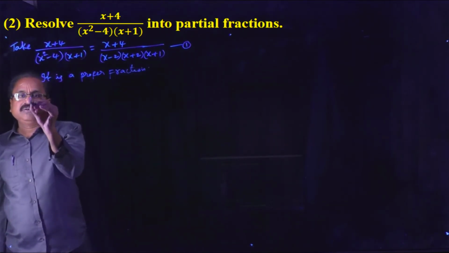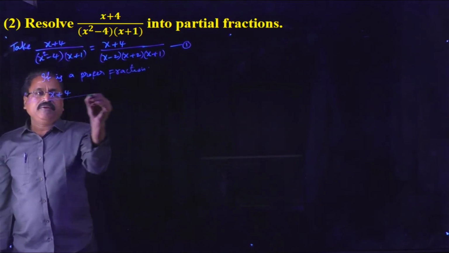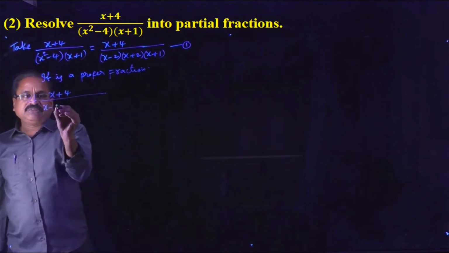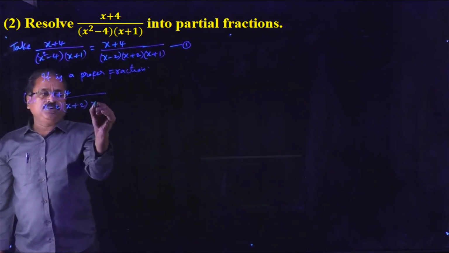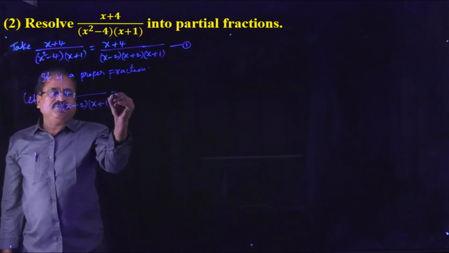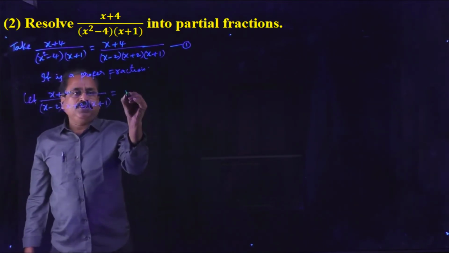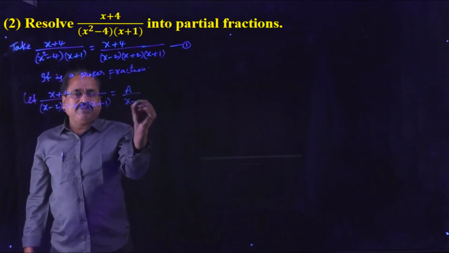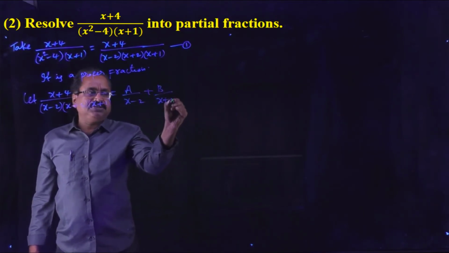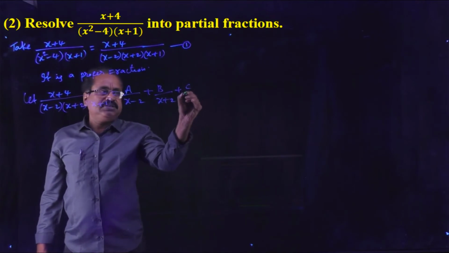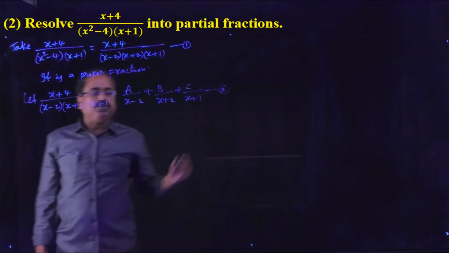Let (x plus 4) by (x minus 2) into (x plus 2) into (x plus 1) is equal to, factors are linear factors. So, a by (x minus 2) plus b by (x plus 2) plus c by (x plus 1). This is equation number 2.